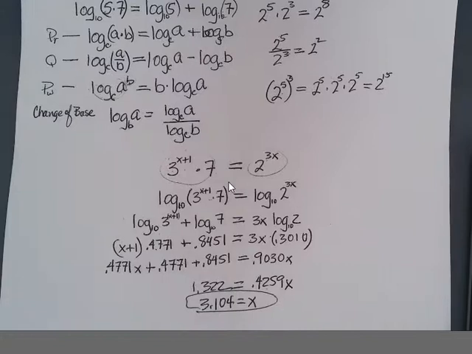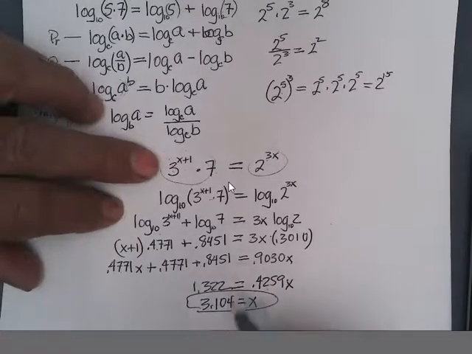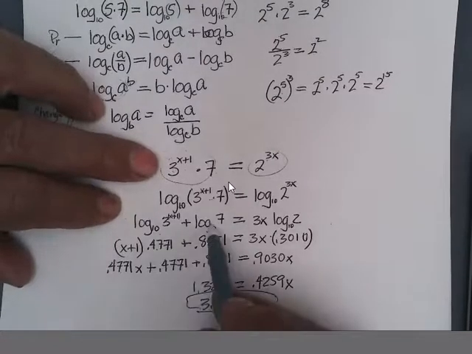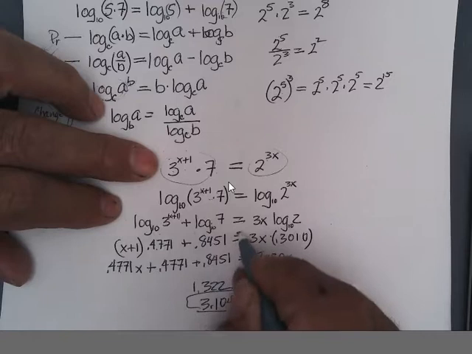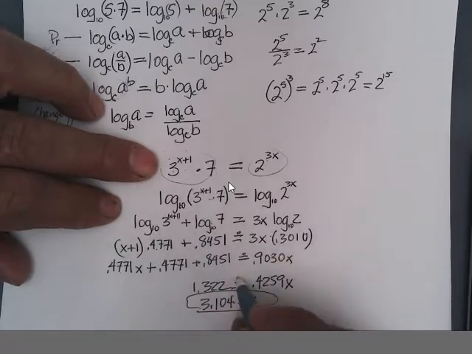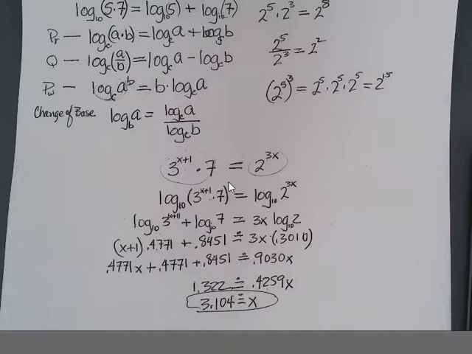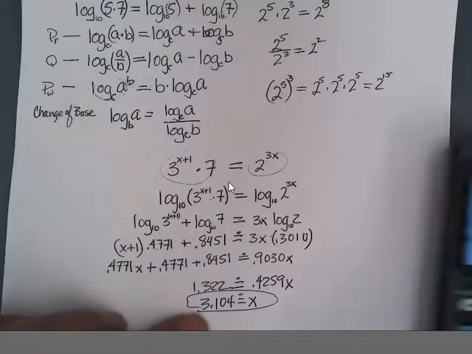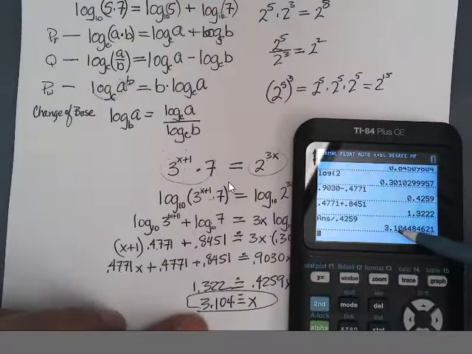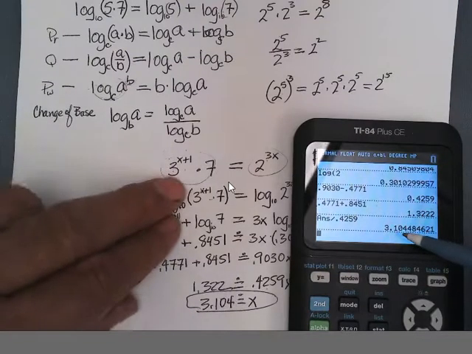Now I'm going to check my answer here. Okay, so when I went from here to here, I started doing approximations. These are all just approximate because they're decimal approximations. So my answer should be approximately correct. Let's find out. So I'm using that for my x.